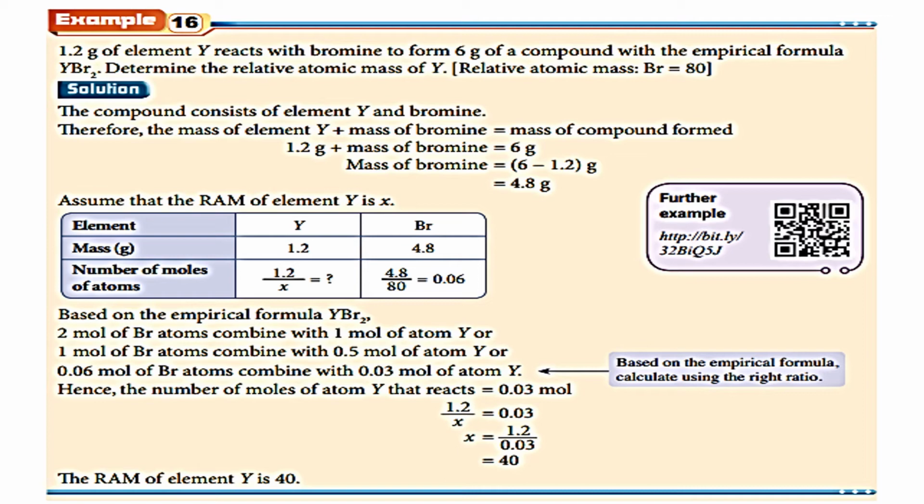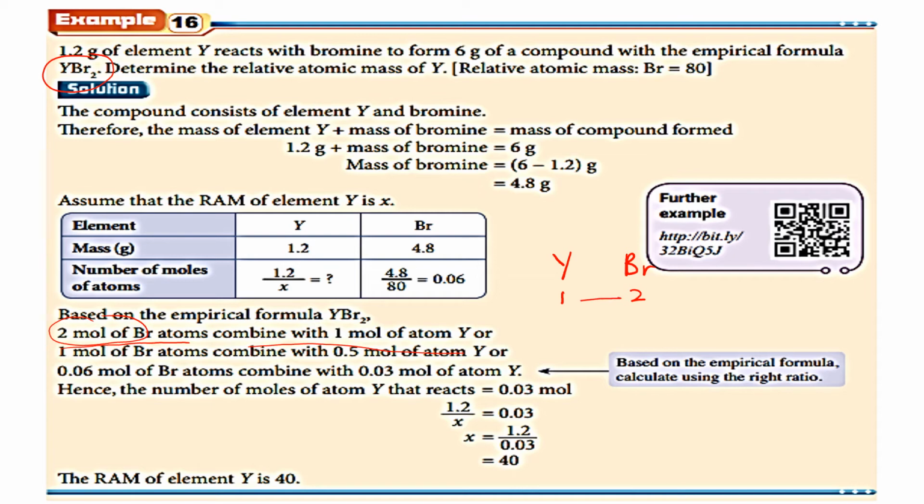We have the empirical formula YBr2. So 1 mole of atom Y, because the subscript is 1, combines with 2 mole of bromine atoms, because the bromine subscript is 2. So this is the ratio.